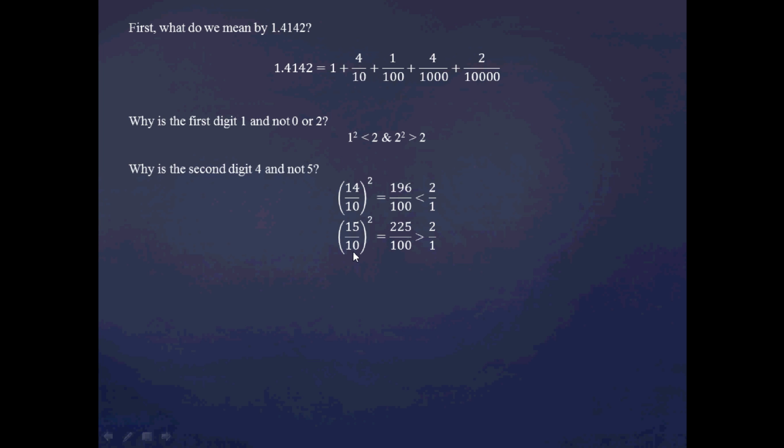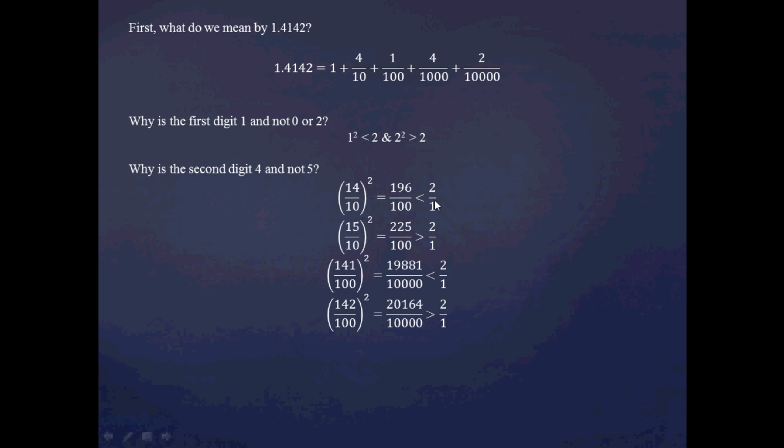But if we go one more up to 15 over 10, we square that, we get 225 over 100, which is greater than 2. And furthermore, we want the second digit to be 4 and not 3, because 13 over 10 squared would also be less than 2, and we want the largest digit such that we can get a rational number which, when squared, is still less than 2.